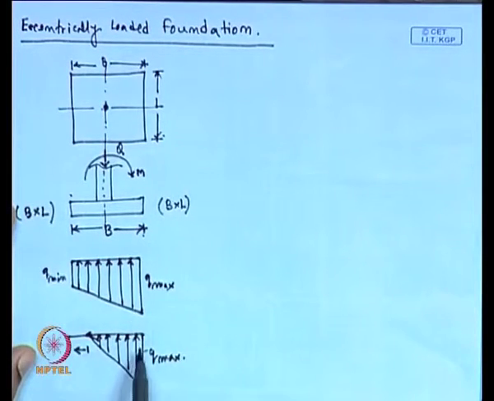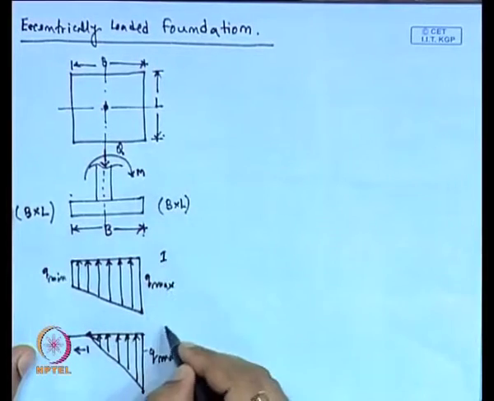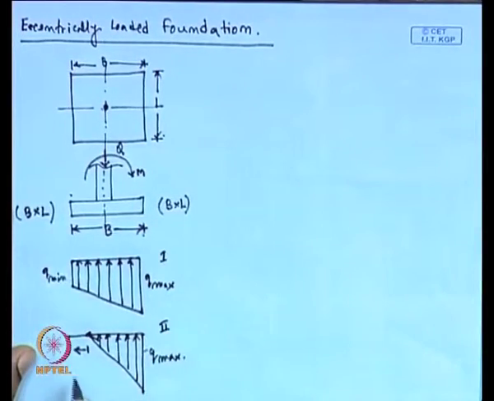As we know, soil cannot take tension, so there would be a separation between the foundation and the soil if the reaction is negative. Suppose this is case 1 and this is case 2. We will neglect the second case.